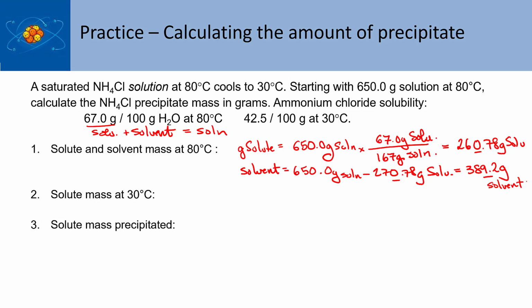To do that, again, 389.2 grams of solvent times my solubility, which is 42.5 grams of solute for every 100 grams of solvent, the water in this case.